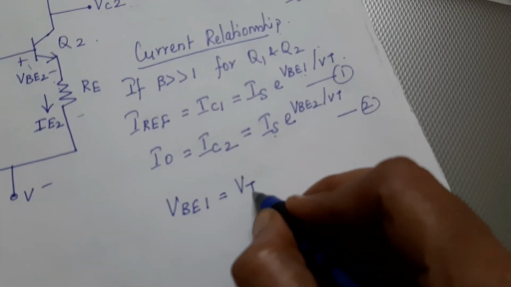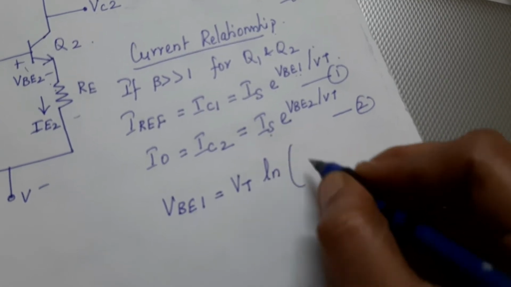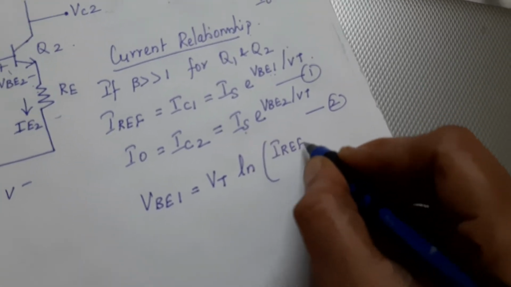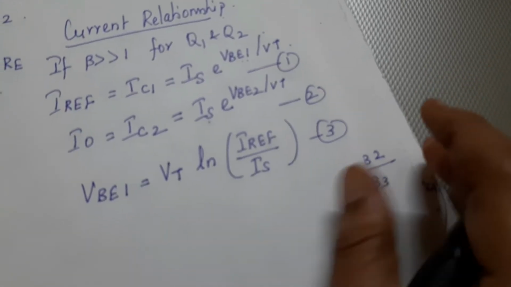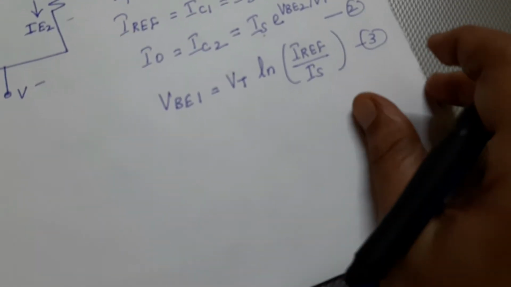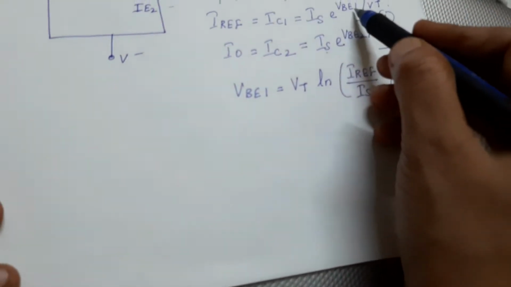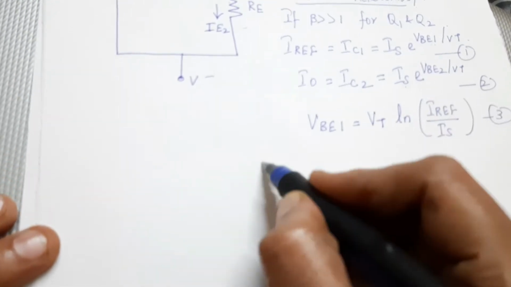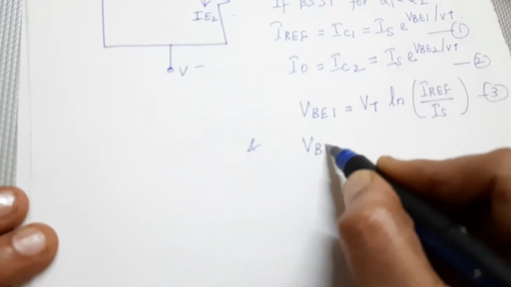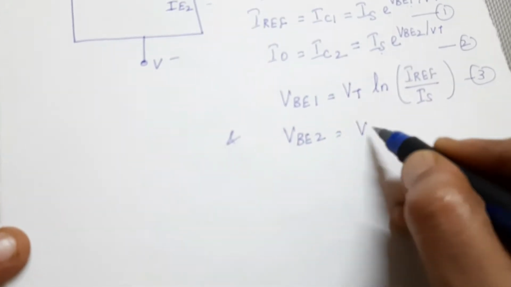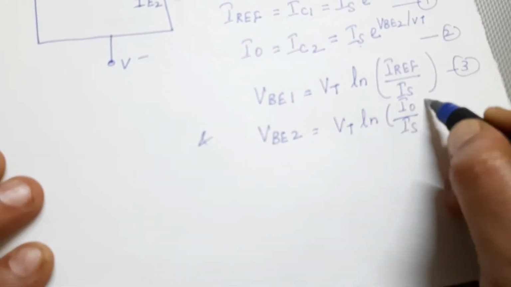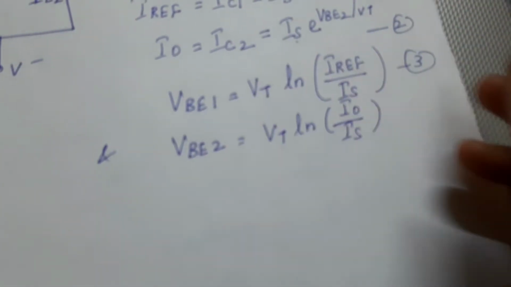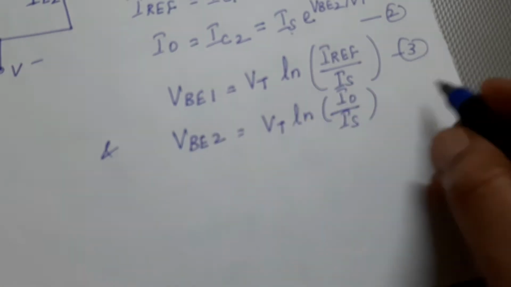So I can write VBE1 equal to VT ln of I reference divided by the saturation current. Let this be my equation 3. Similarly, I can also write VBE2 equal to VT ln of I0 by IS, as equation 4. I am just rearranging the equations to get VBE1 and VBE2.